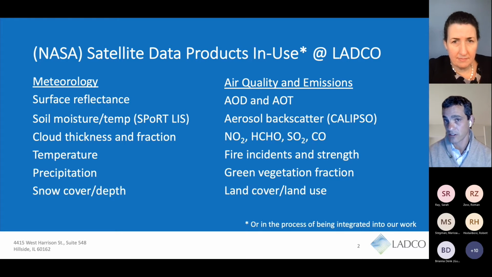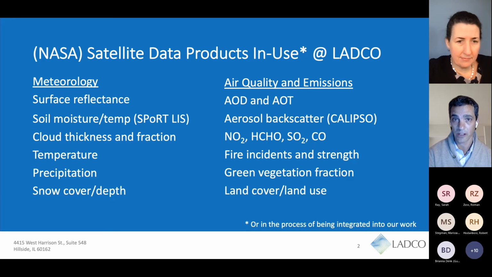Green vegetation fraction, so understanding where there's vegetation, what types of vegetation, when the green-up happens in the spring, is really important for our biogenic emissions modeling and is also integrated in our models, and land cover and land use. So satellite data are used to spatially allocate the emissions data to modeling grids, in part based on land cover and land use information.